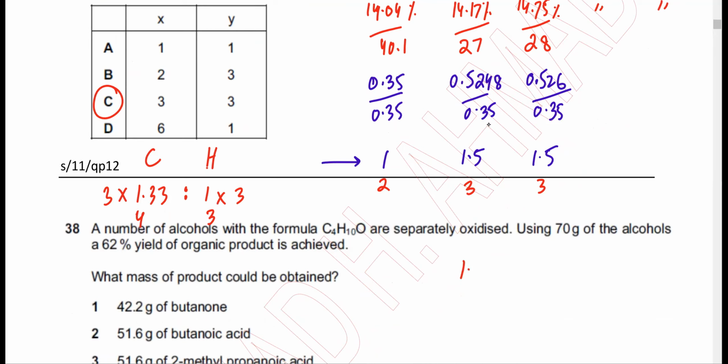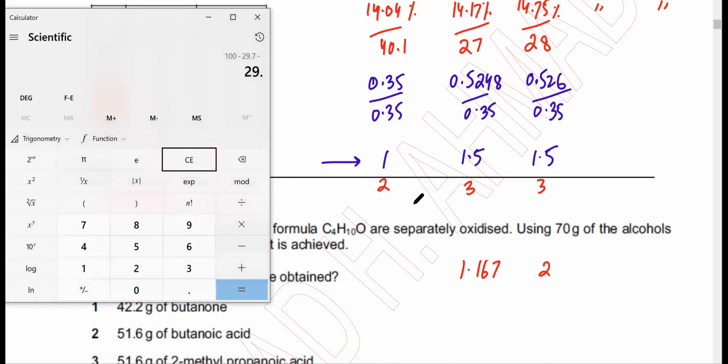Similarly, let's say you got 1.167 and 2. This is the ratio that you're getting. What do I multiply 1.167 with? That would be just trial and error then.